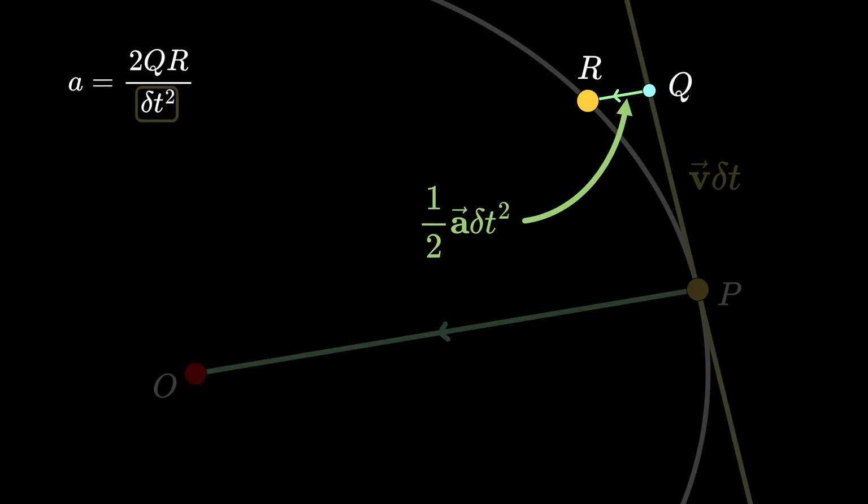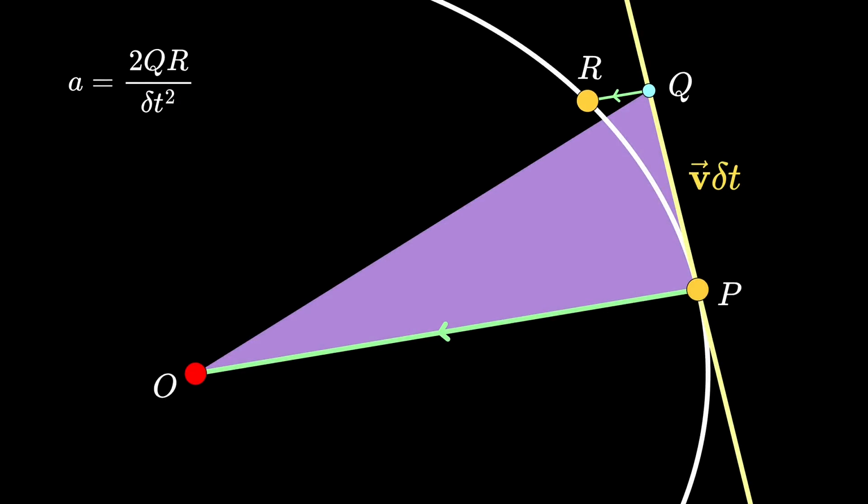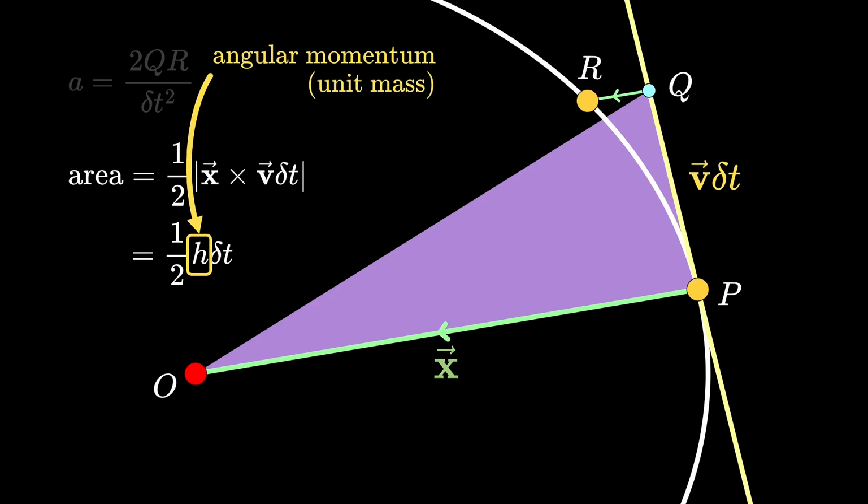However, delta t is not geometric, so we need a trick, which is to consider the area of this triangle. If we denote the vector OP as x, whichever direction doesn't matter, then the area of this triangle is half the magnitude of the cross product of x and v delta t, which is half h delta t, where h is the angular momentum if we have unit mass.